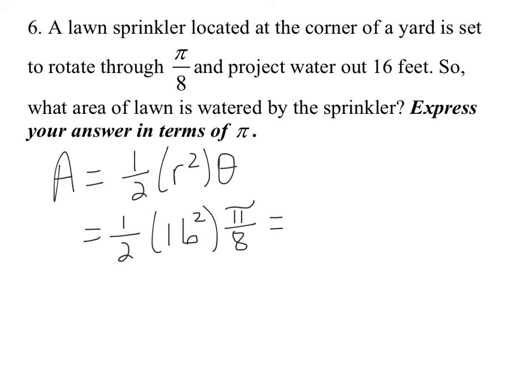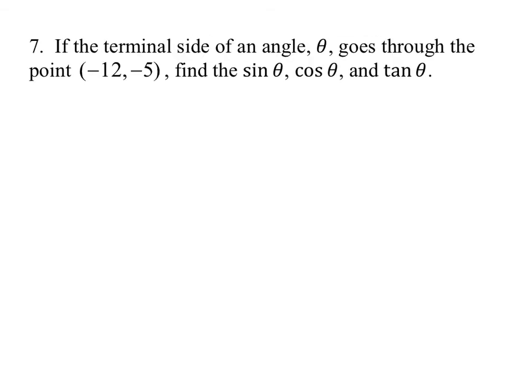So when you put it in the calculator, you're putting in the 1/2 times 16 squared times 1/8. And when you do that, you get 16. And then we have our pi. So it's 16 pi feet squared. And that's it.